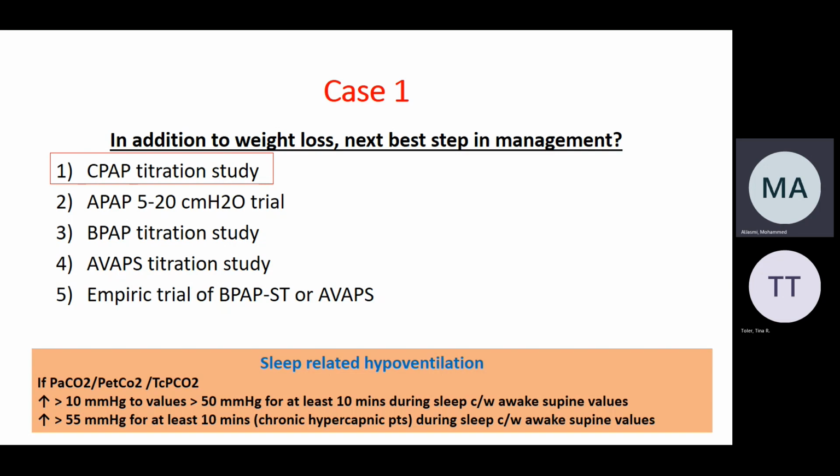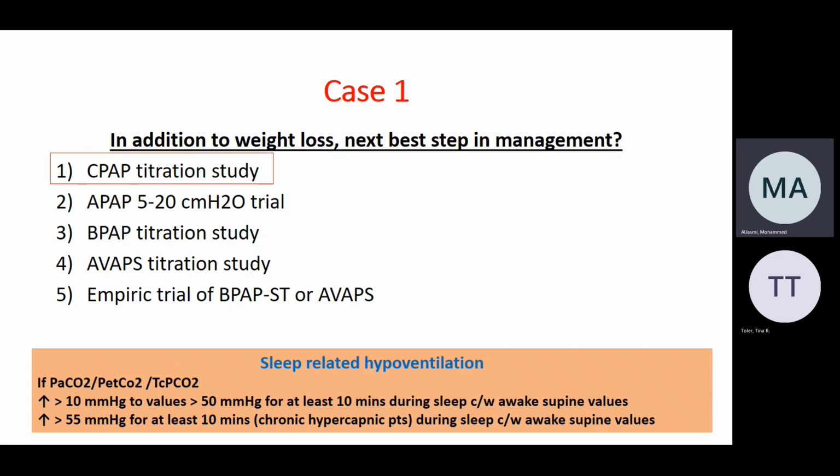So this is the definition of obesity hypoventilation, or sleep-related hypoventilation. You don't need to know this in detail for your pulmonary report, but for sleep, of course, you need to know what it means. When we do the sleep test, we check the ABG, which is not what we do in real life, only in research.